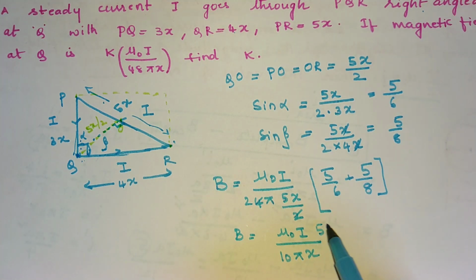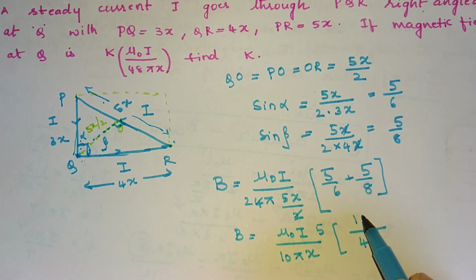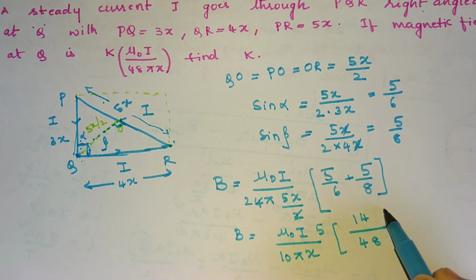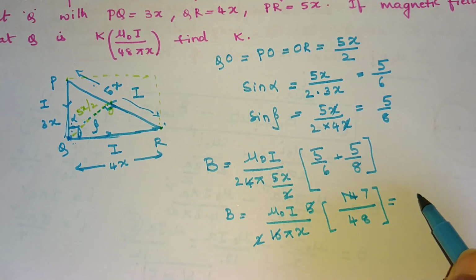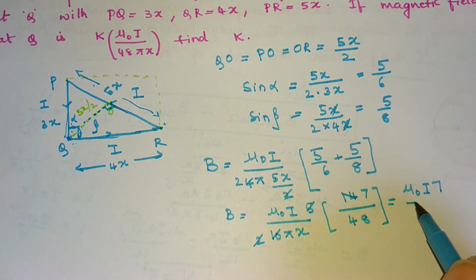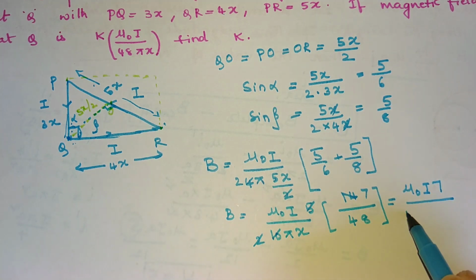Take out 5 outside. 1 by 6 plus 1 by 8. 8 plus 6 is 14. 5 goes 2 times. 2 gets cancelled by 7 times. So what is the answer we are getting? Mu naught I into 7 by 48 pi x.